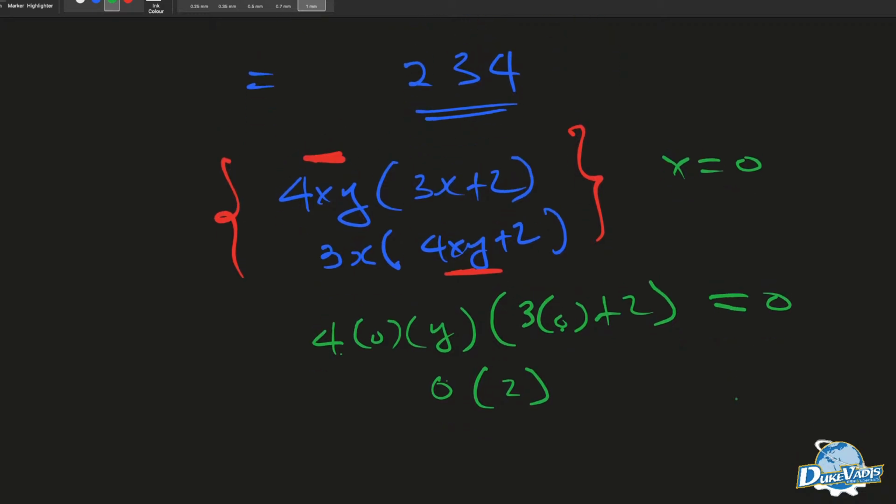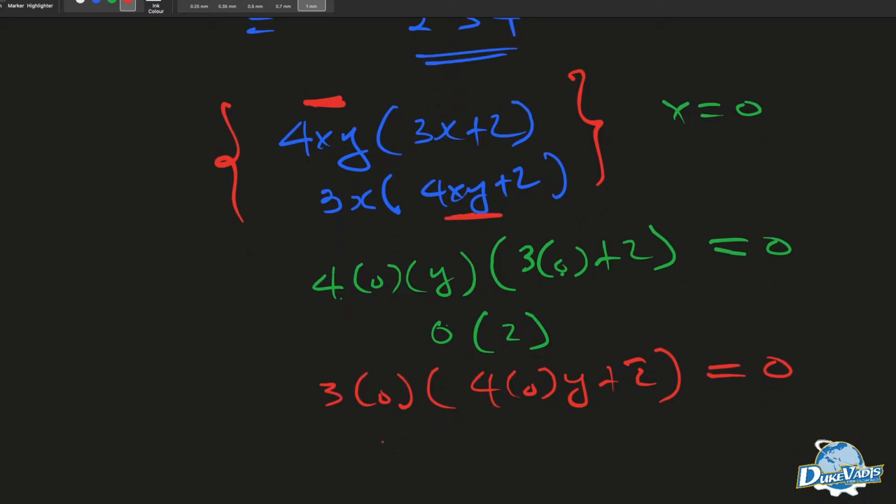When we take the second one, we also see when x is 0: 3 times 0 into bracket 4, 0, y plus 2. Let's look at this one again. This one will also give us 0, y, because 3 times 0 is 0.